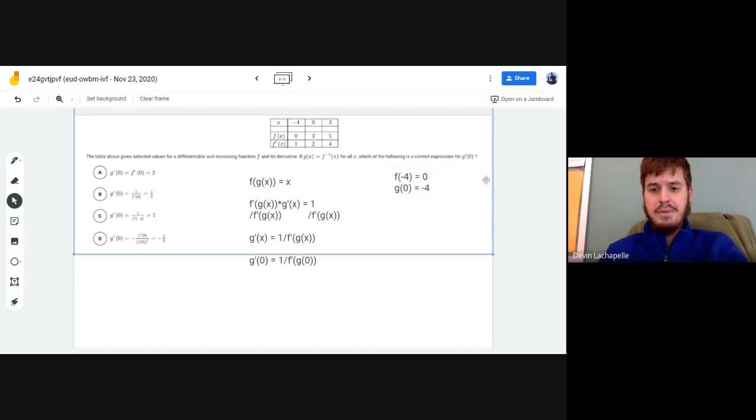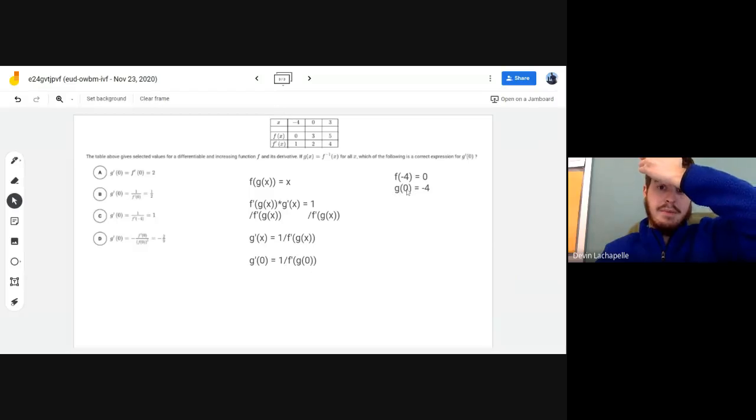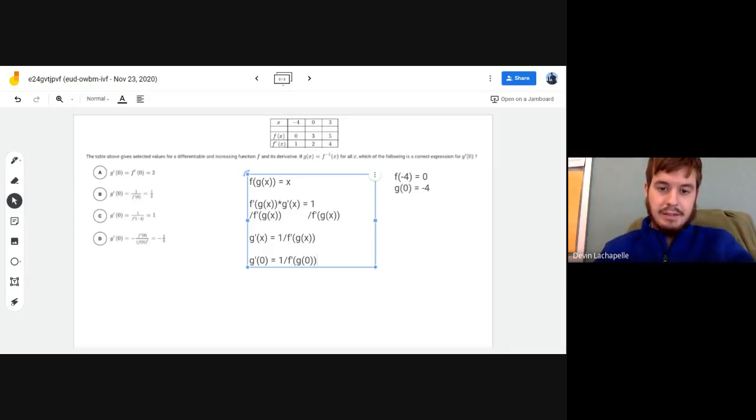I'm just switching my inputs and my outputs. So g of 0 is really -4. So let's go ahead and fill that in. g prime of 0 equals 1 divided by f prime of, again, -4.